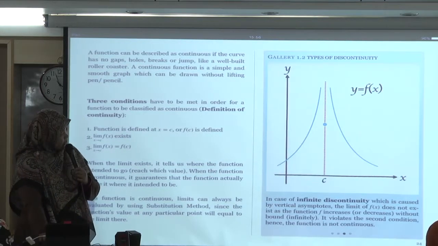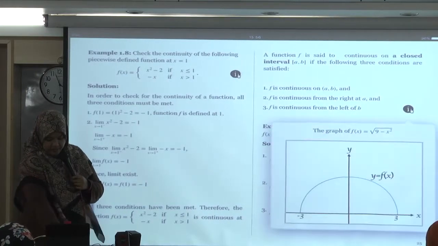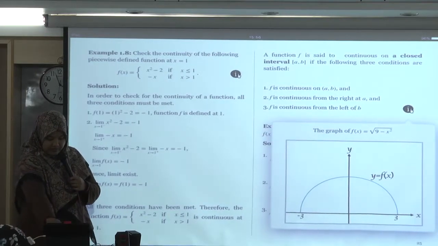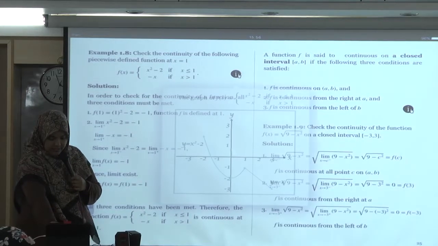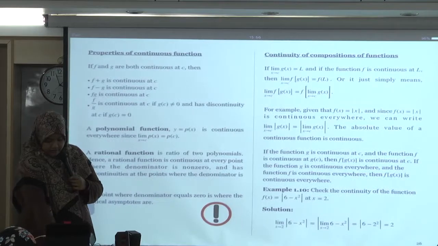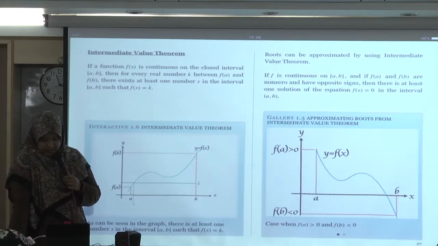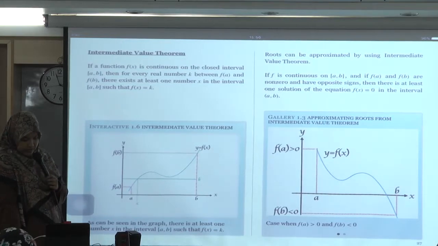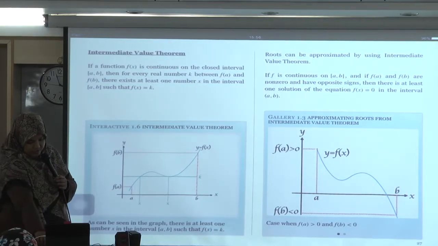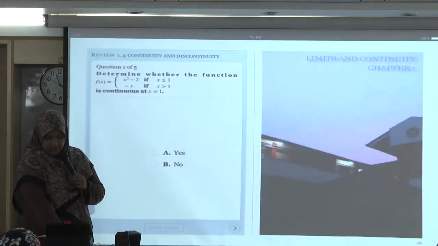I have all the graphs and the explanation, and the example. This graph refers to this example, and this graph refers to this example, and this is the keynote on the intermediate value theorem, and also how to approximate the roots from the intermediate value theorem, and also the quiz.